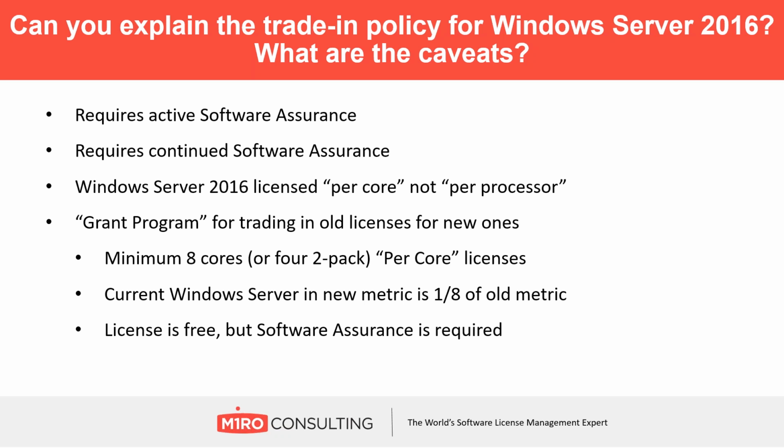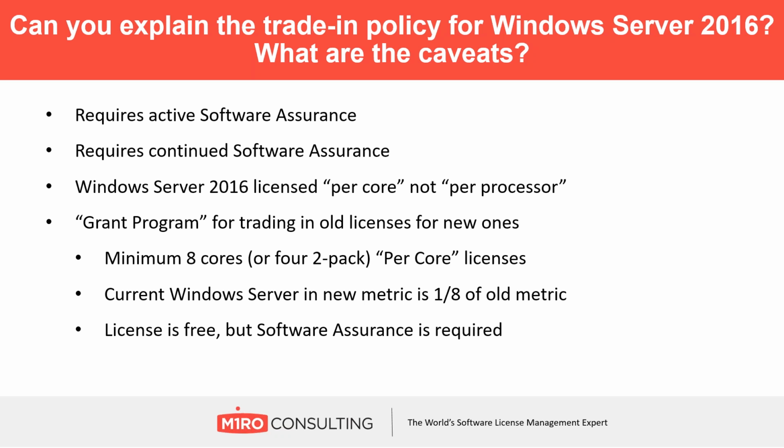That's because they have to grant you a minimum of 8 cores, 4 licenses per processor. And if you have many, many more, then you're actually going to get some additional licenses. However, and there's always the however, only the license is free.